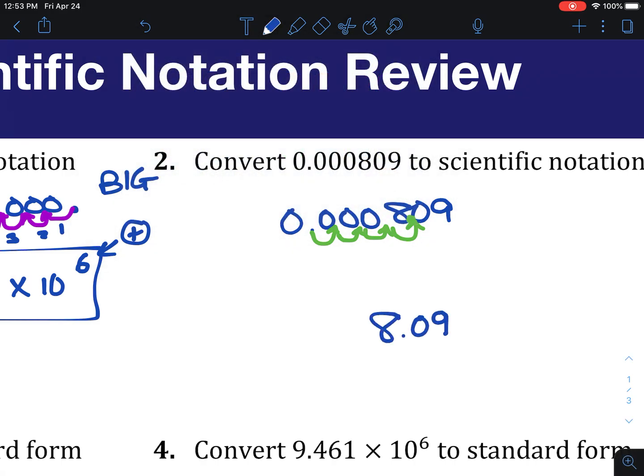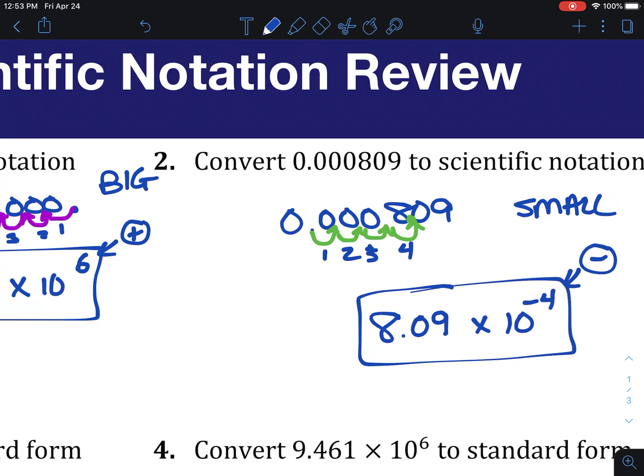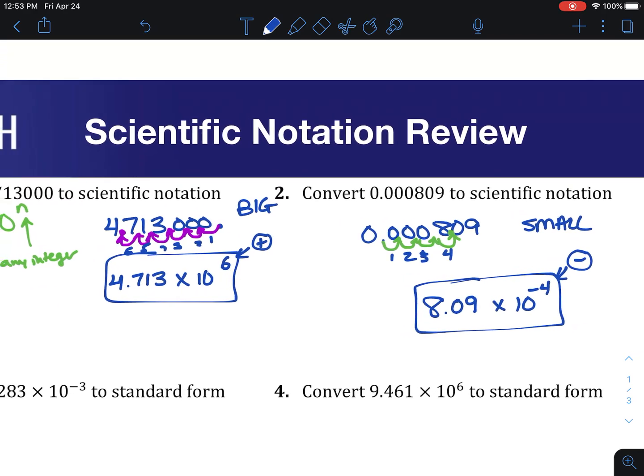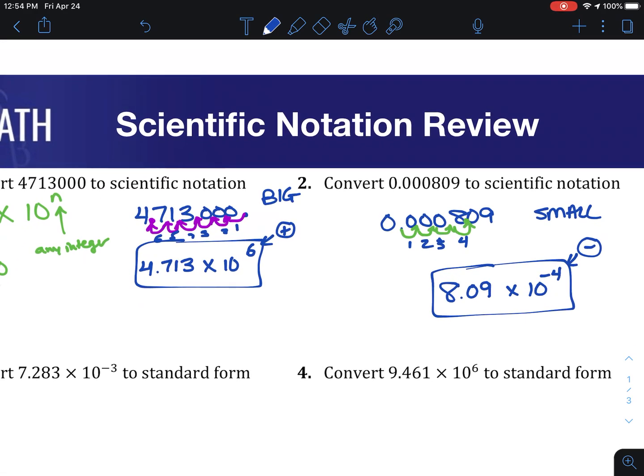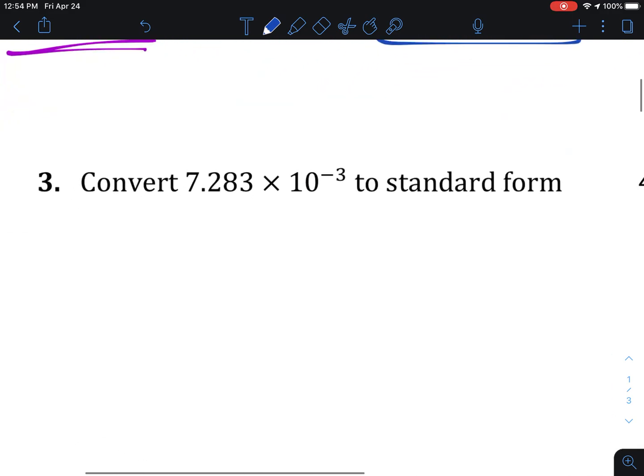We go back and count the number of moves. 1, 2, 3, 4. So times 10 to the 4th. But again, be careful. This was a small decimal, so our power of 10 is going to be negative. That's why it's 8.09 times 10 to the negative 4th. So small numbers have negative powers of 10, big numbers have positive powers of 10.